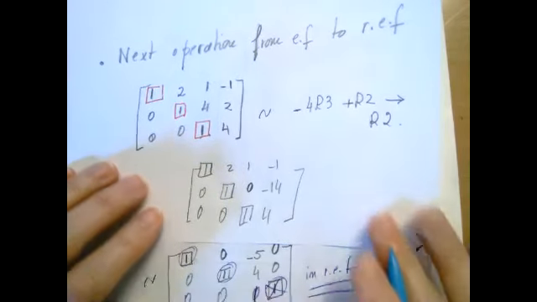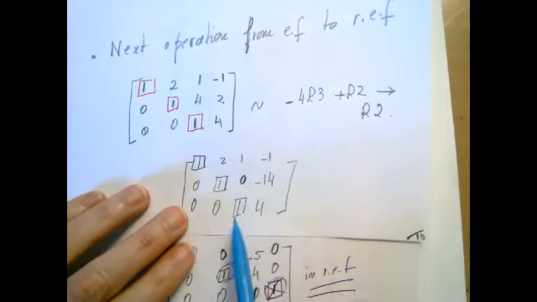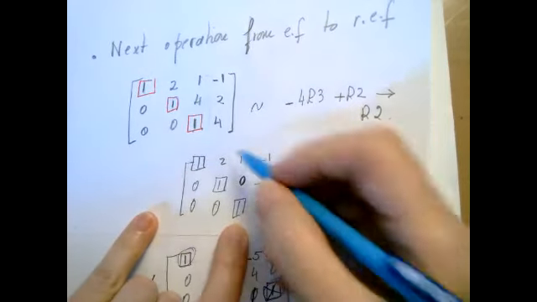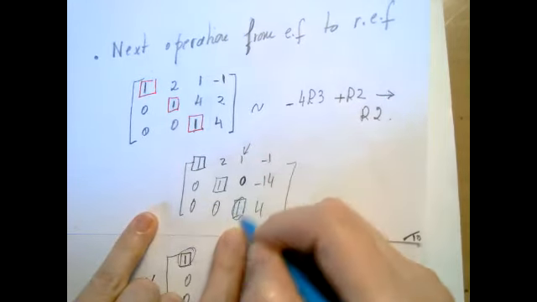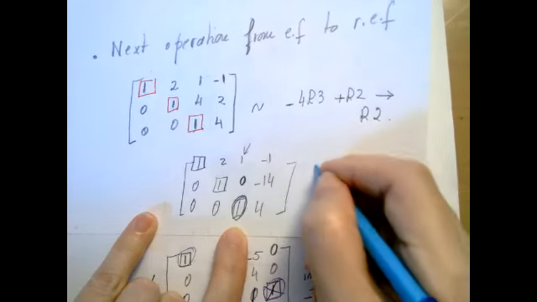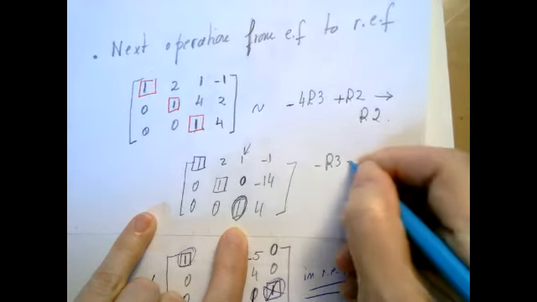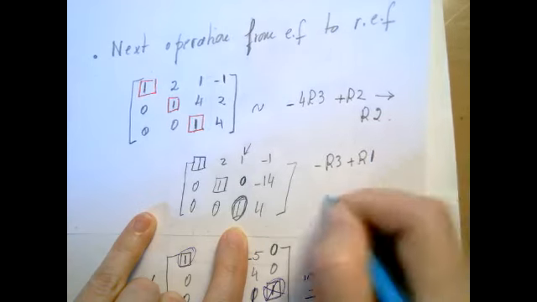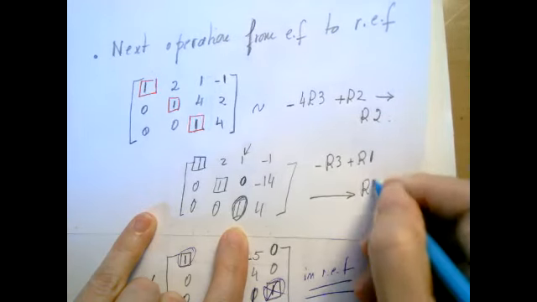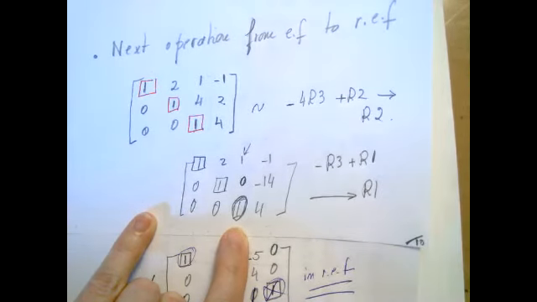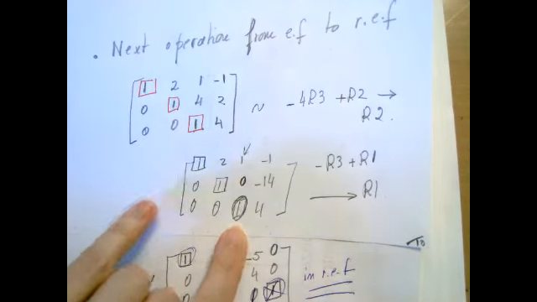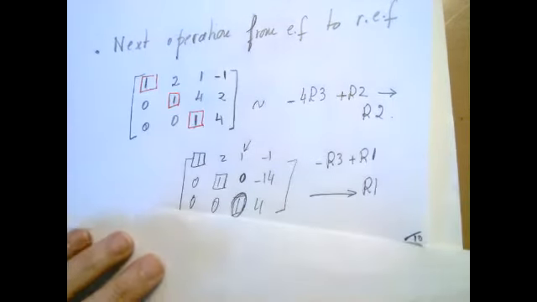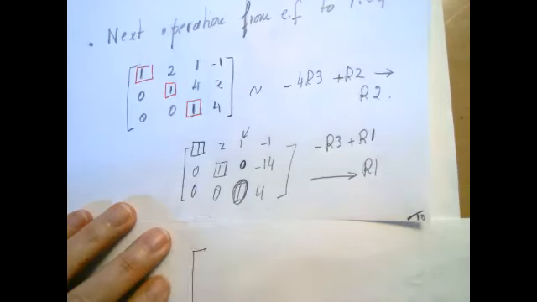And then we have to quit, but then as your classmate said, after that, you have to create a 0 in here by using this leading. So you take minus R3 plus R1, and that would be your new R1. By doing that, you will actually do the following. You make a 0 in the first one.